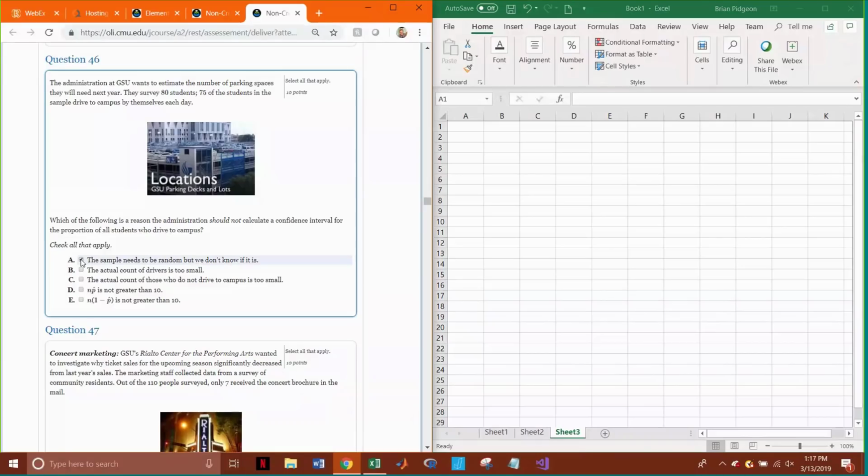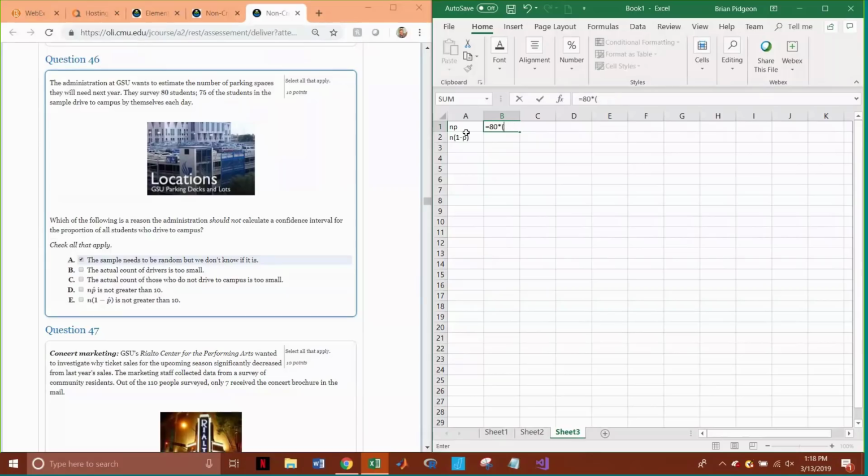Now the second condition is that in order to construct a confidence interval for a sample proportion, the number of successes and the number of failures must each be at least 10, meaning n times p and n times 1 minus p are at least 10. So we can calculate that. Our sample size is 80. Our p-hat is 75 out of 80.